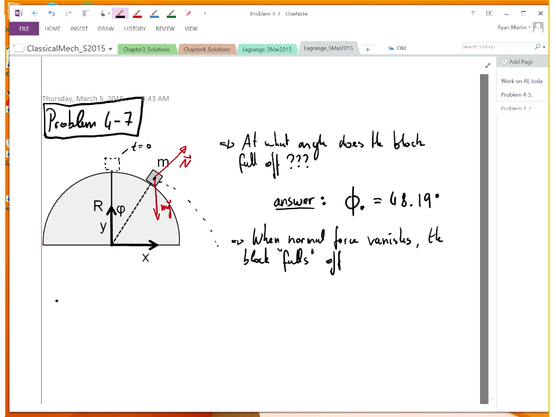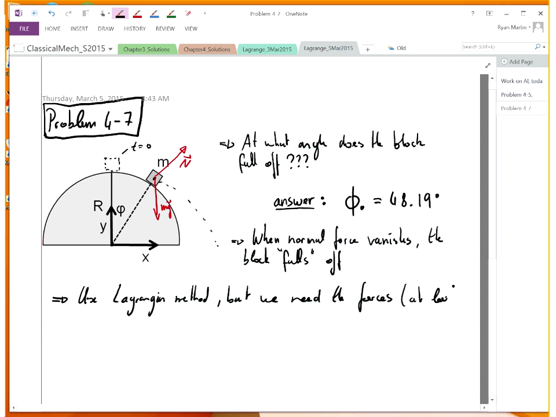Okay, so we want to use the Lagrangian method, but we need the forces, at least the normal force.